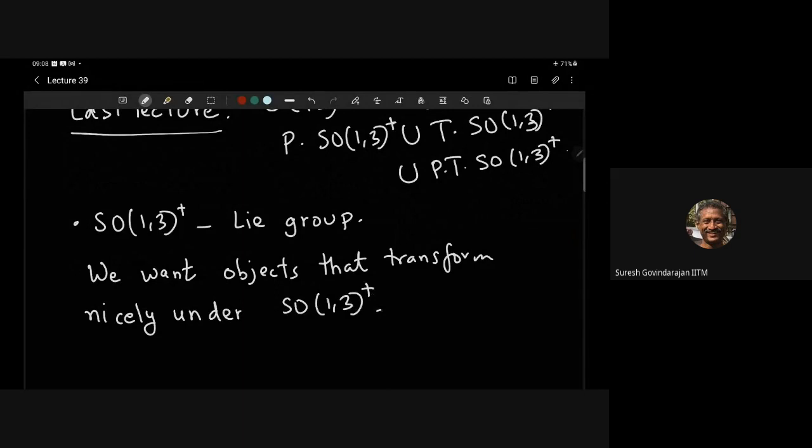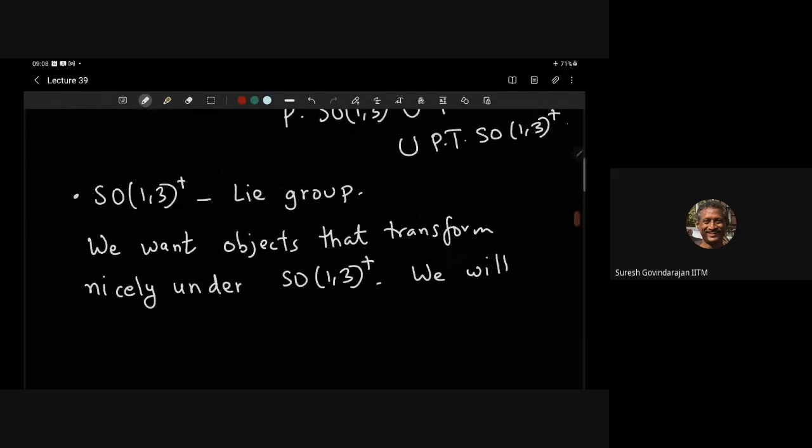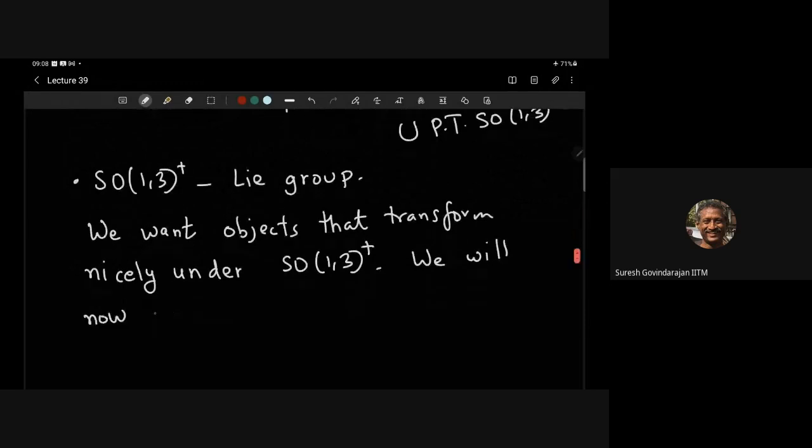We'll see how to construct them. I'm ignoring P and T transformations, so these are things which you put on top of each other.